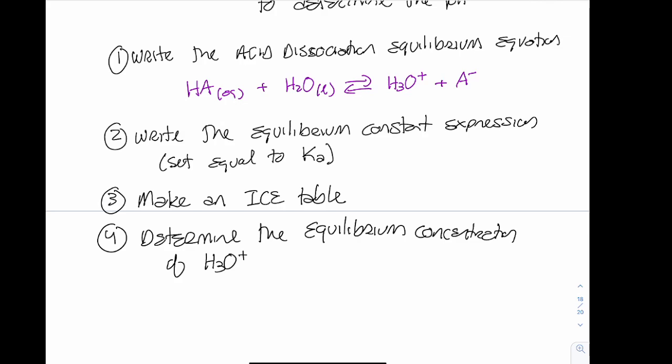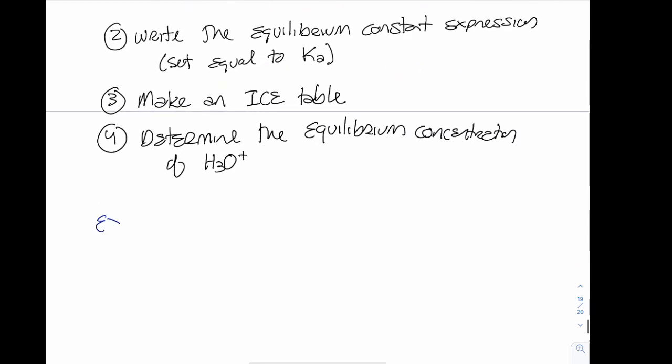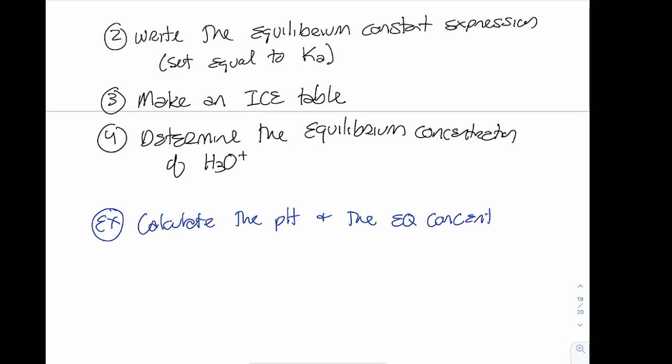An example for us: we're going to calculate the pH and the equilibrium concentration of all species for a 0.200 molar acetic acid solution.